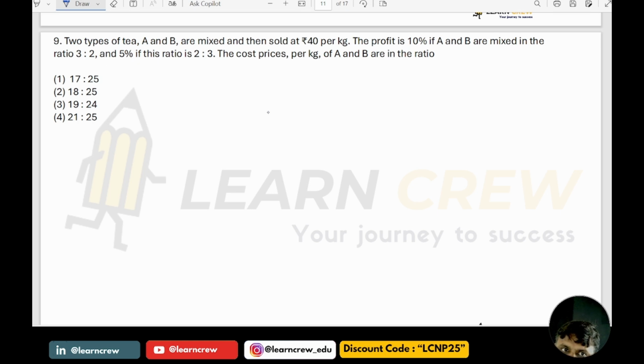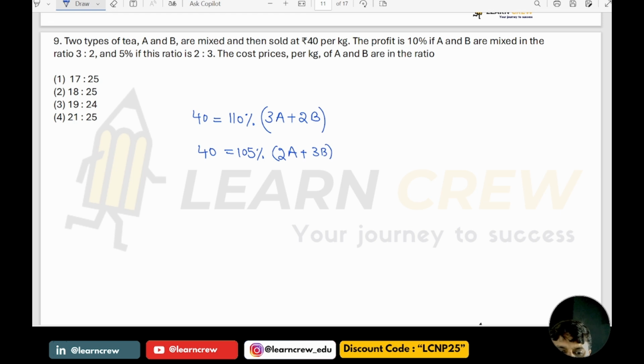So if 3A plus 2B, on this, if there is 10% profit, the selling price is 40. Now it is 5% if the ratio is 2 is to 3. So it is sold at 40 only, but it is 5% profit when it is mixed in the ratio 2 is to 3. This is what is given.